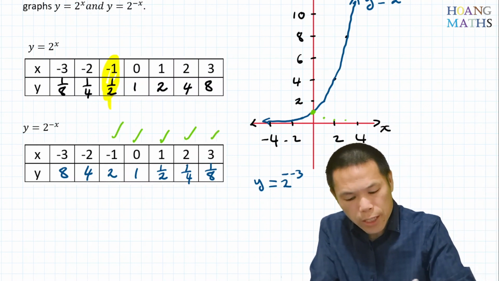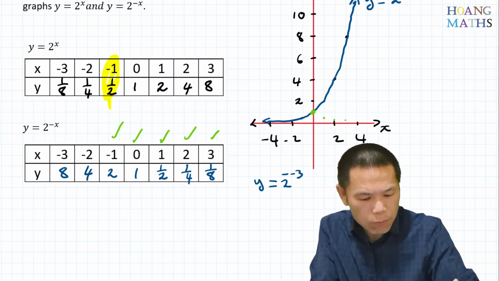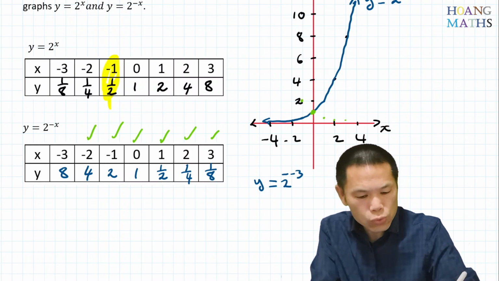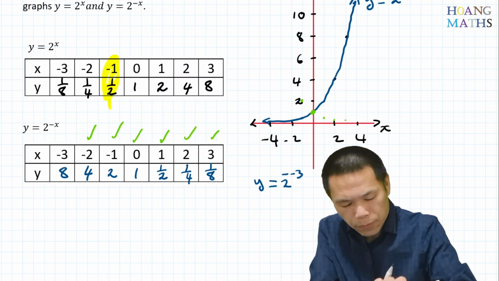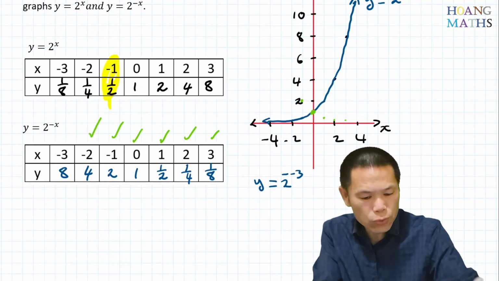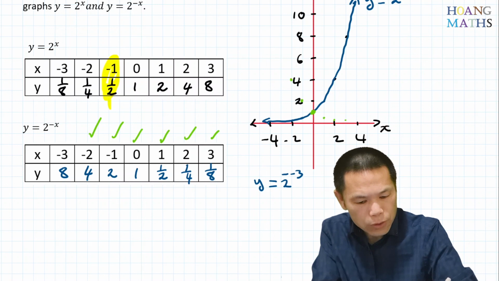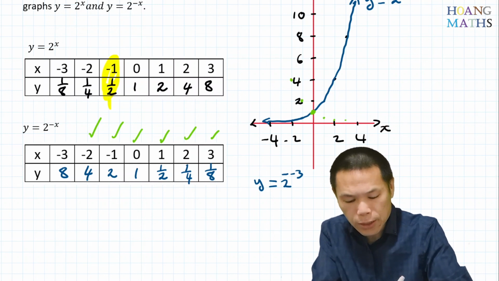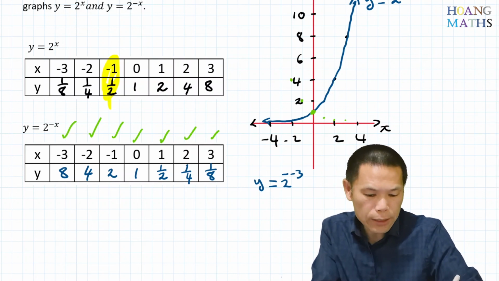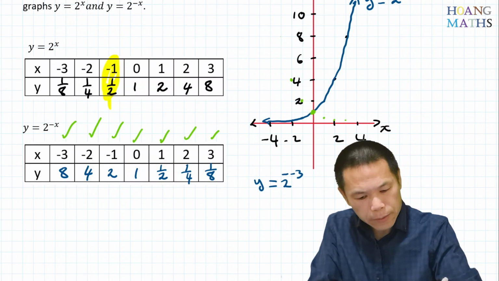So now we go here, negative 1, 2. X is negative 1, y equals 2. So it's up there. And when x is 2, y is equal to 4. And when x is equal to negative 2, y is equal to 4. So we just plot the point. When x is equal to negative 3, y is equal to 8. So it's 8 here.